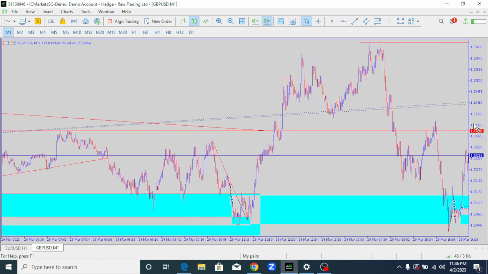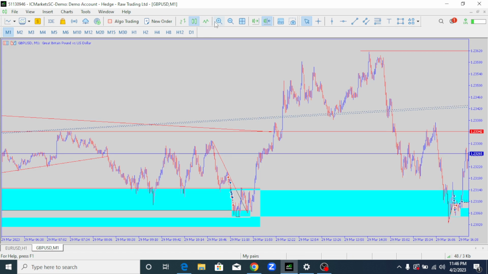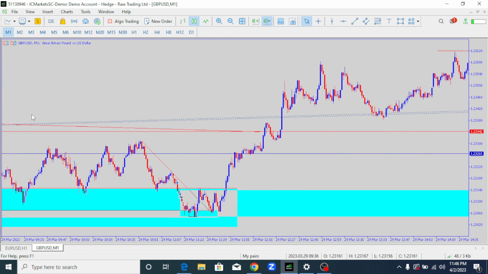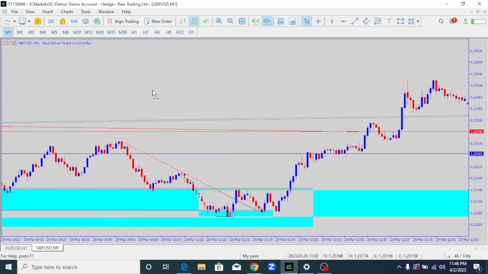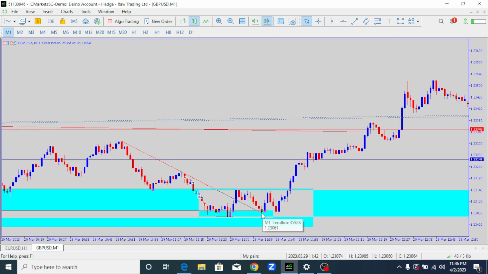I was expecting, after this break of this trend line, the price to give a bit of a reaction, then come back to manipulate this trend line and these equal lows.